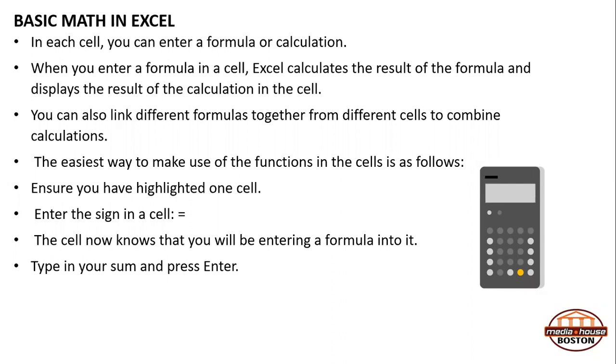When you enter a formula in a cell, Excel calculates the result and displays it in the cell. You can also link different formulas from different cells together to combine calculations.